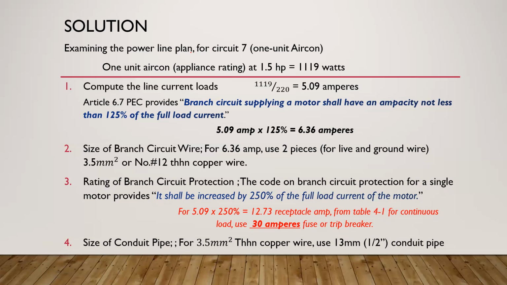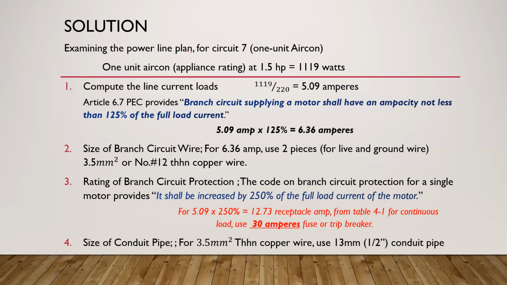Right? But for our aircon units, it shall be increased by 250% of the full load current of the motor. So we have 5.09 times 250%, and we have a 12.73 receptacle amperes.